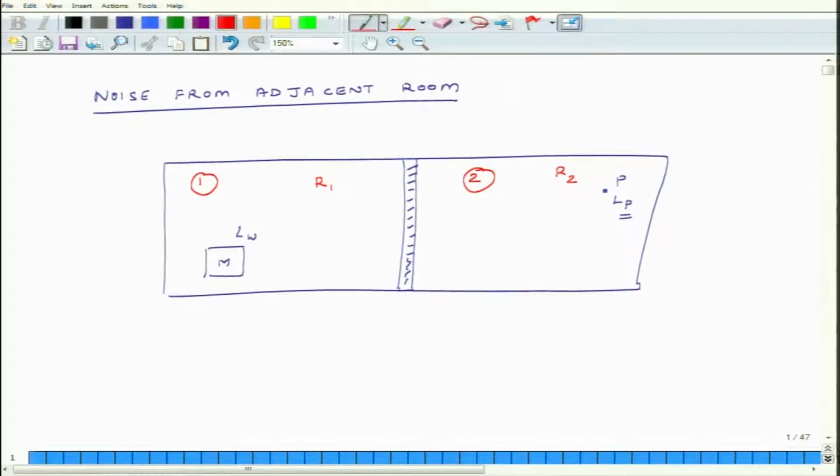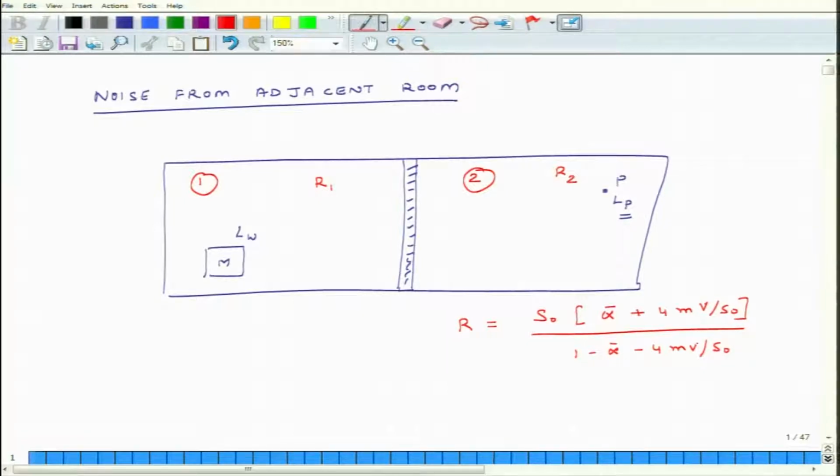If you remember the definition of room constant from earlier, for any room it is the total internal surface area of the room times the average absorption coefficient of the room, plus 4 mV divided by S naught, where m is the energy absorption coefficient, the attenuation constant due to air, divided by 1 minus alpha bar, minus 4 mV by S naught.